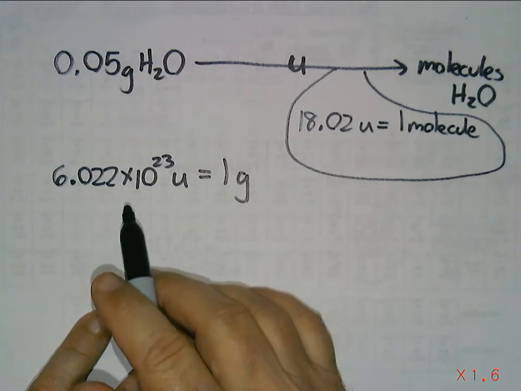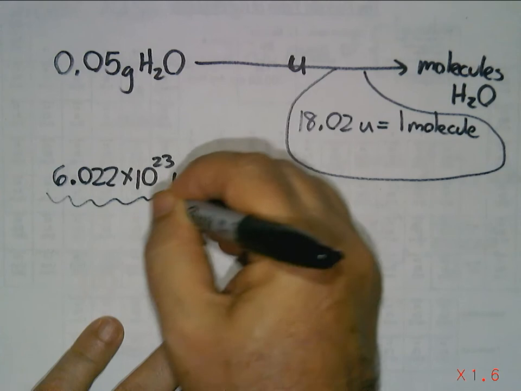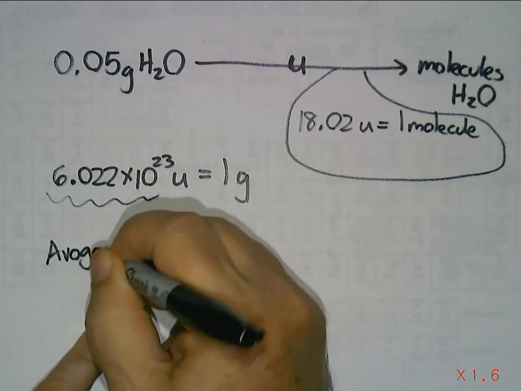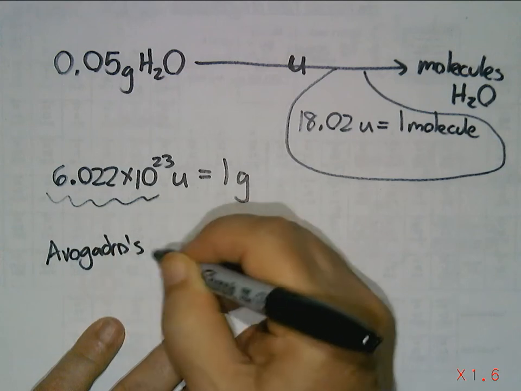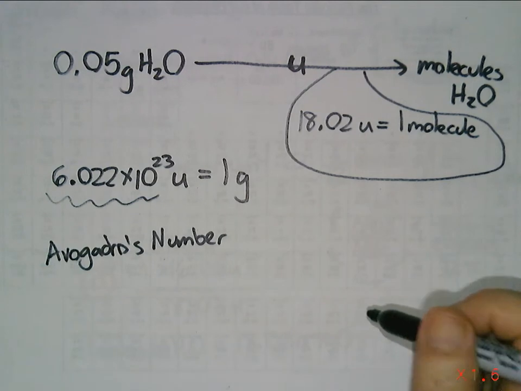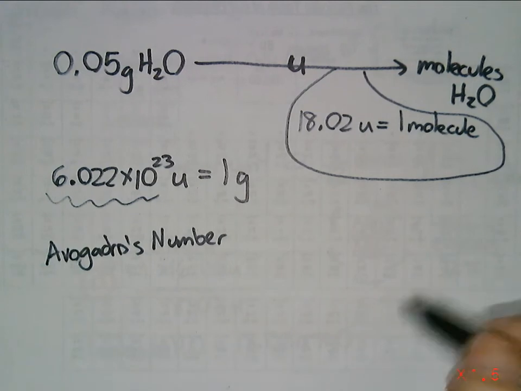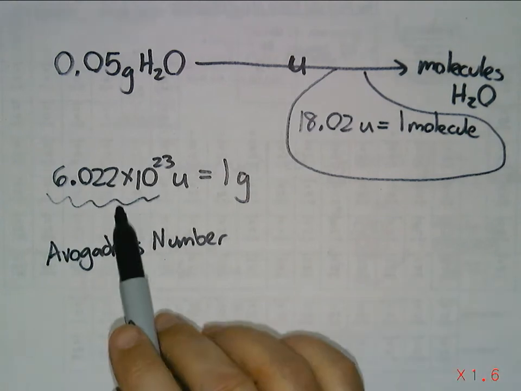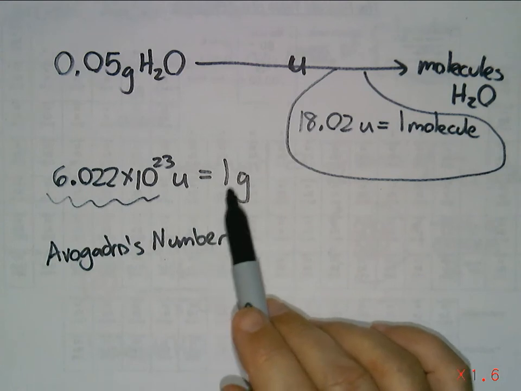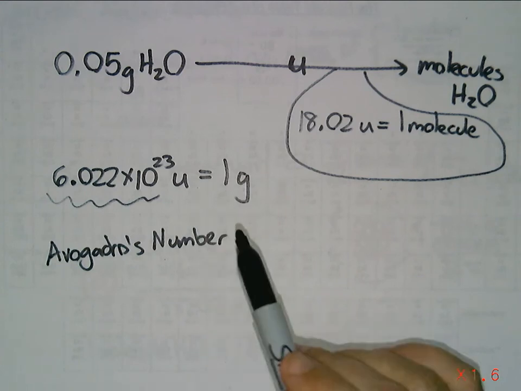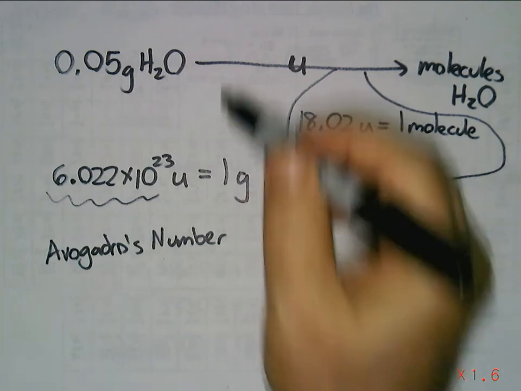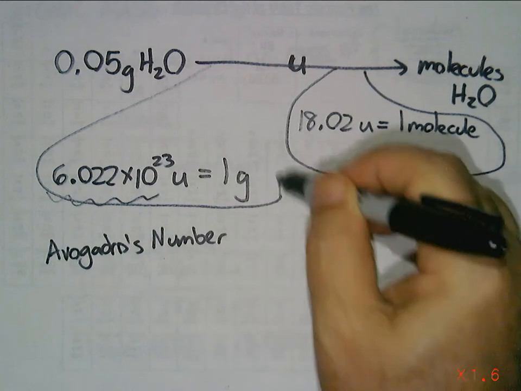It is a famous number called Avogadro's constant, or Avogadro's number. And this is where it comes from. You may have wondered where that number comes from. It is the number of atomic mass units there are in a gram. So it comes from the way we have grams defined and atomic mass units defined. So this is the missing conversion factor that we need here.